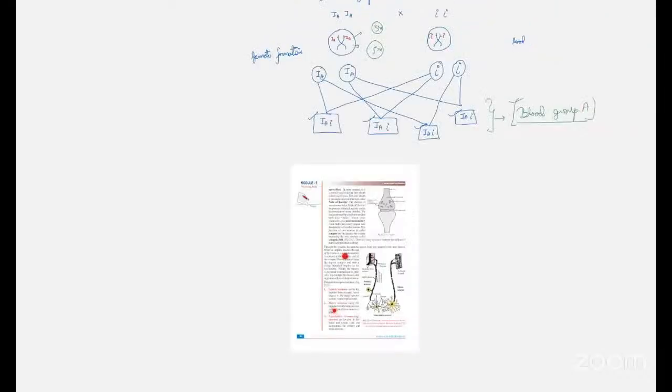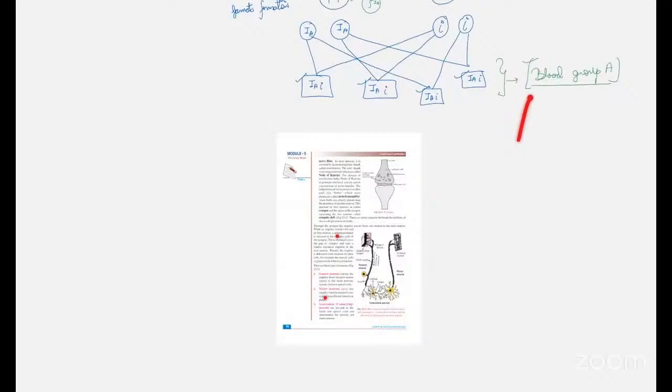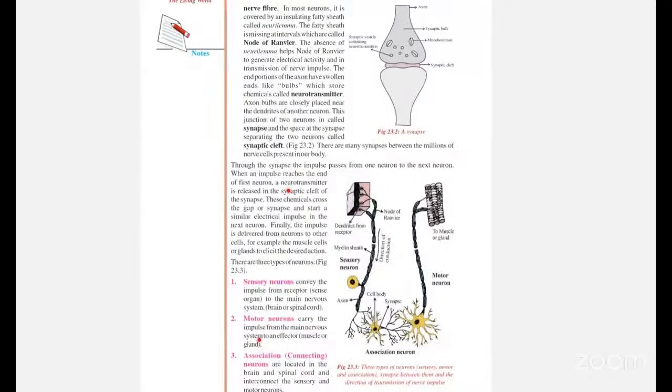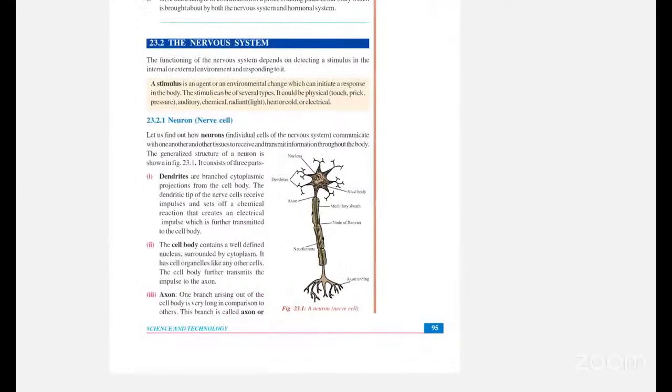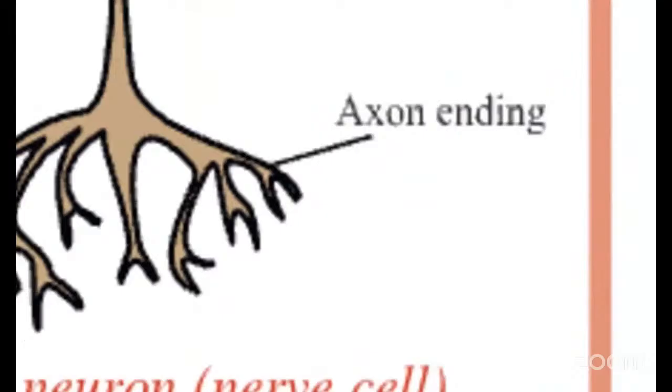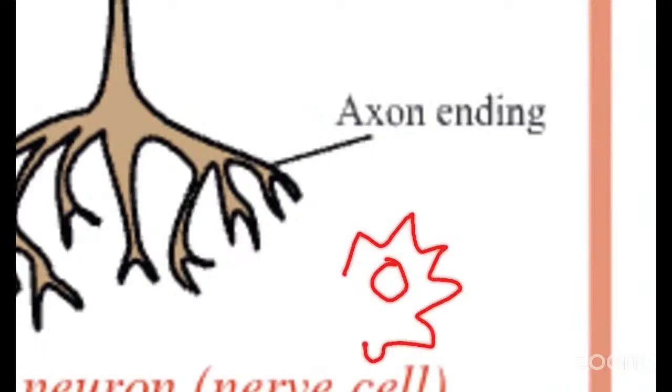So this is the axon ending. Now at the axon ending, we have one more neuron attached near to it. For example, this is dendrites.